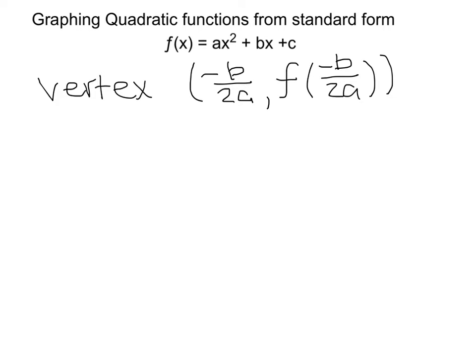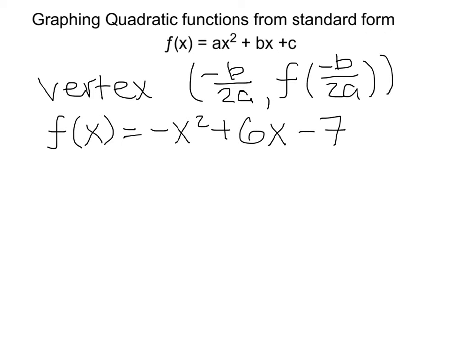We had the function f of x equals negative x squared plus 6x minus 7. And to find the x coordinate of the vertex, you plug in your b and a value into this function.